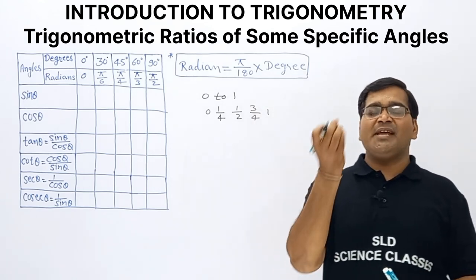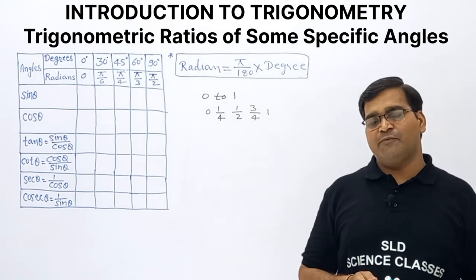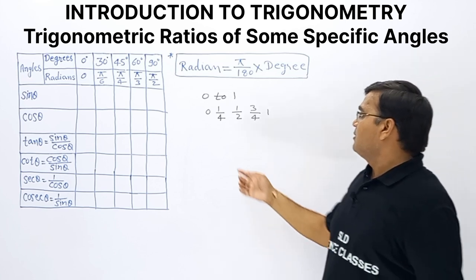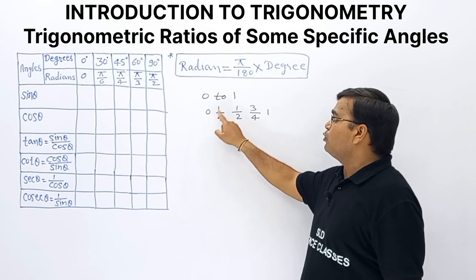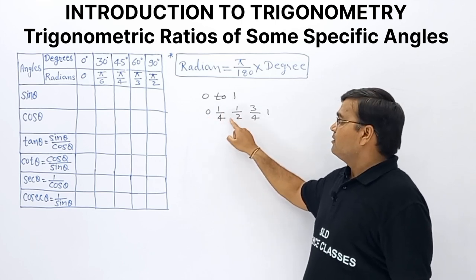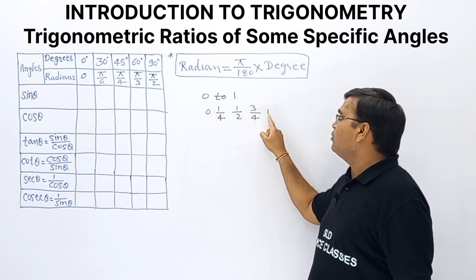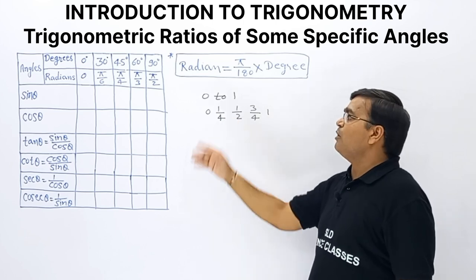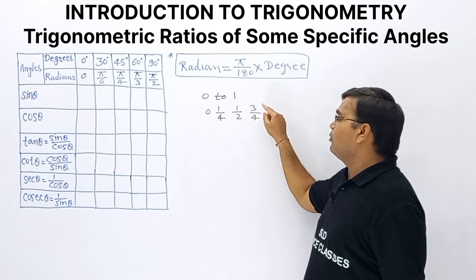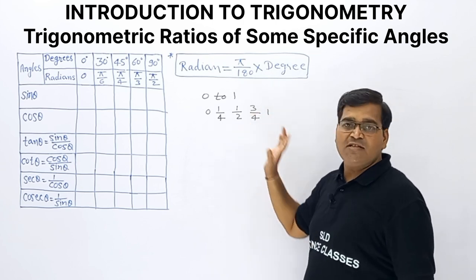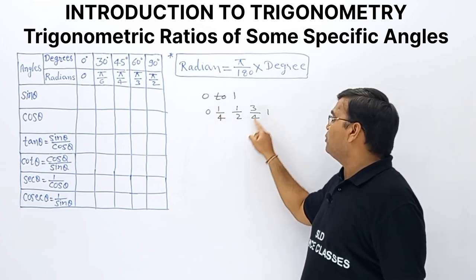We have two real numbers, 0 and 1, and we take equal parts: 0, 1 by 4, 1 by 2, 3 by 4 and 1. These are all equal parts. The difference is the same: 1/4, 1/4, 1/4, 1/4.